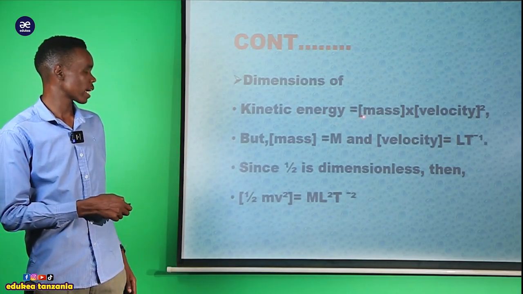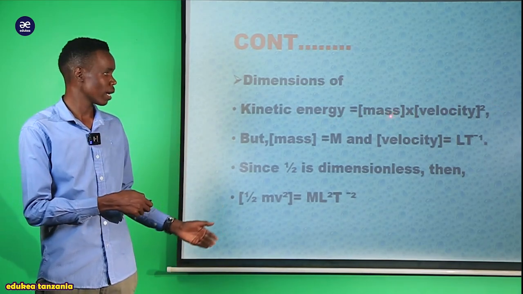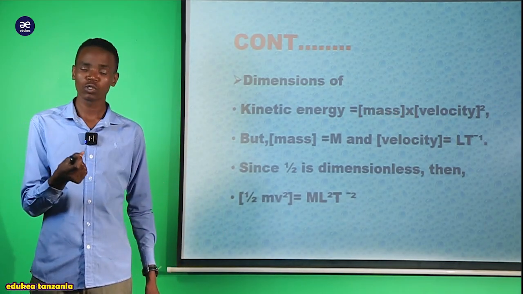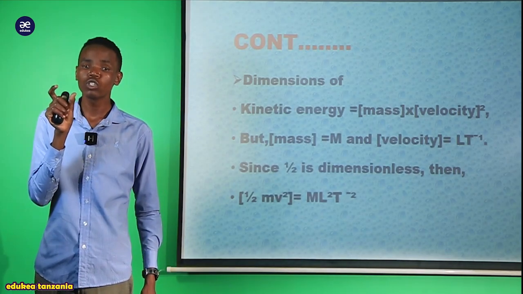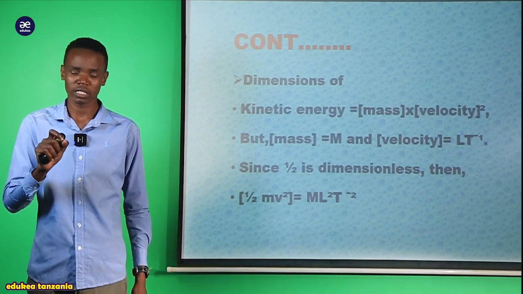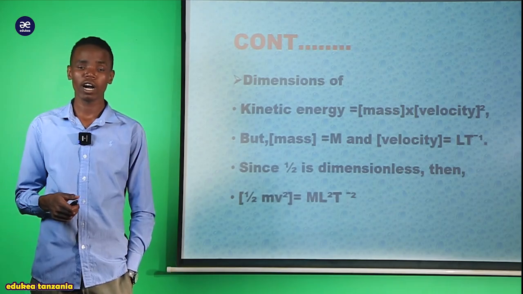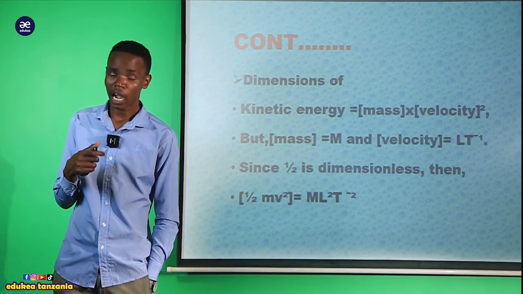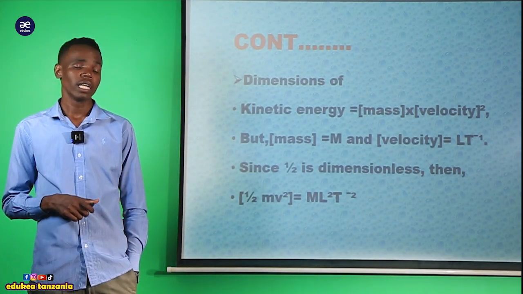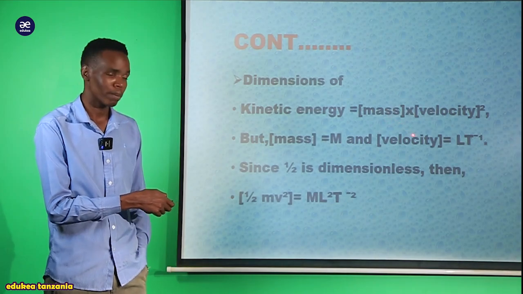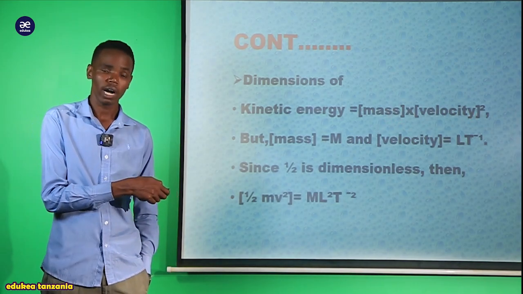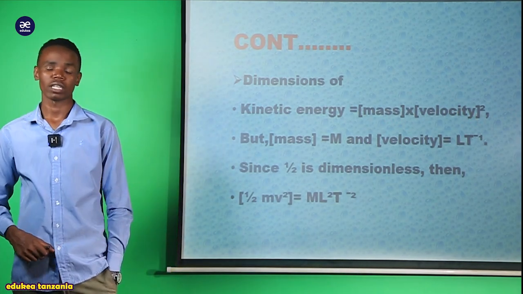So the dimension of the kinetic energy will be equal to mass. Now we are supposed to use the formula to introduce the dimensions. For instance, on our formula, we have half mv square. Now we are supposed to find the dimension of the mass, also the dimension of the velocity.